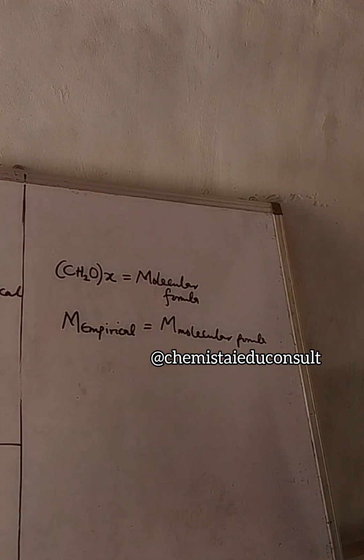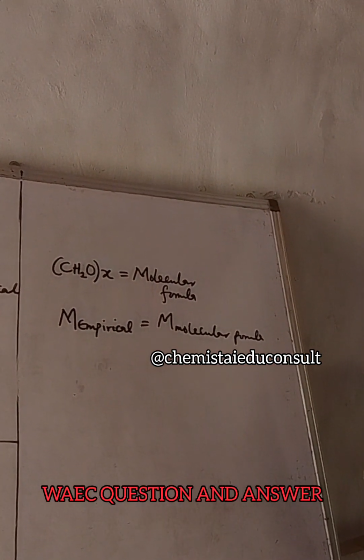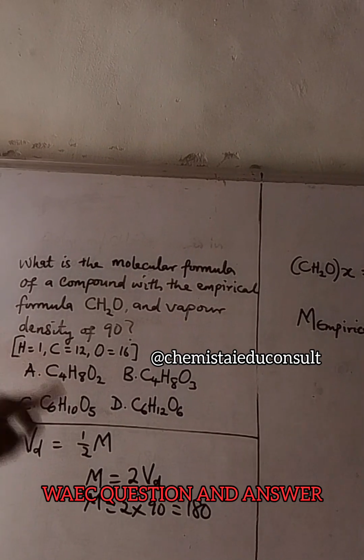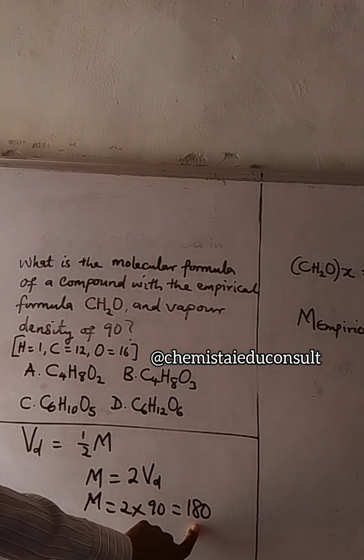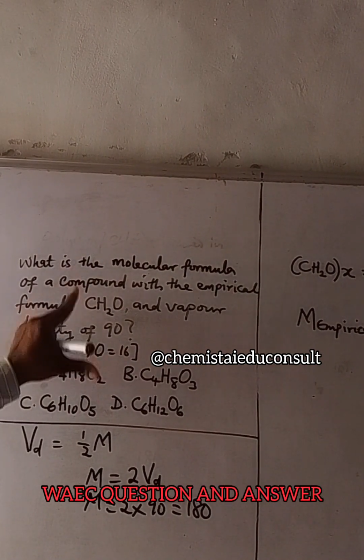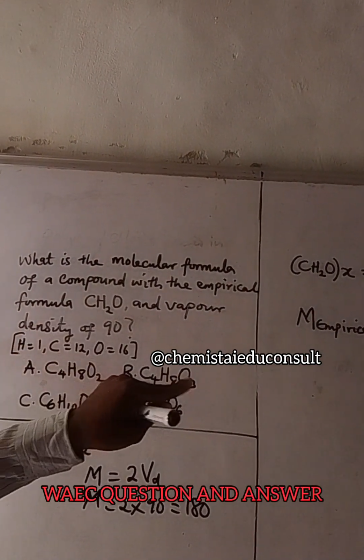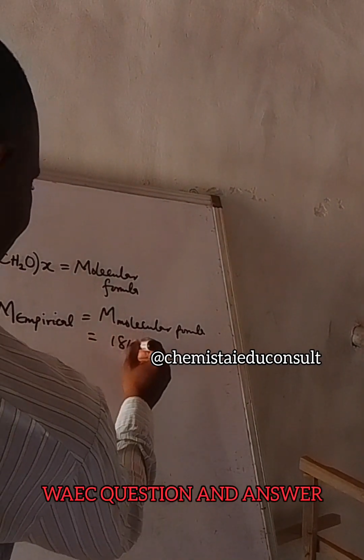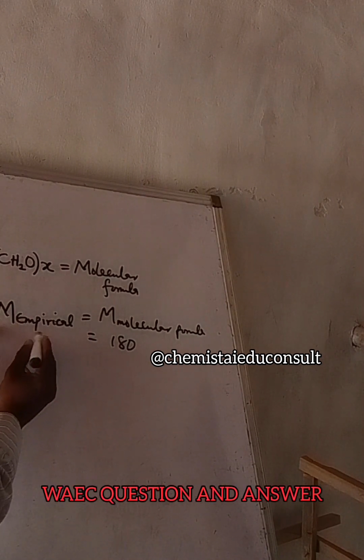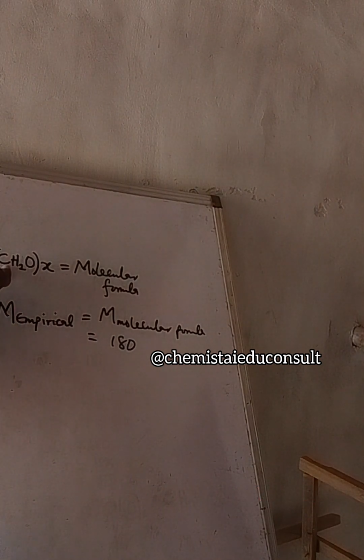So, having known this, remember that we now know the molecular mass of this substance, but we don't know the molecular mass of the empirical formula. The molecular mass of the substance is 180. The molecular mass of the empirical formula is calculated by adding all the atomic masses of the elements here.